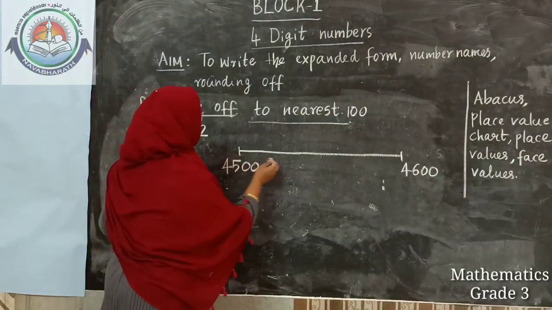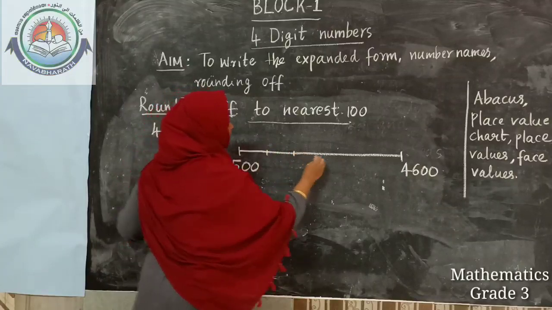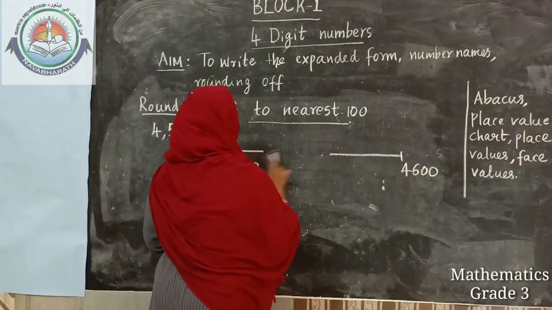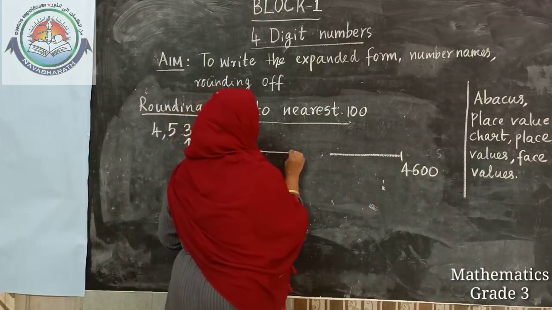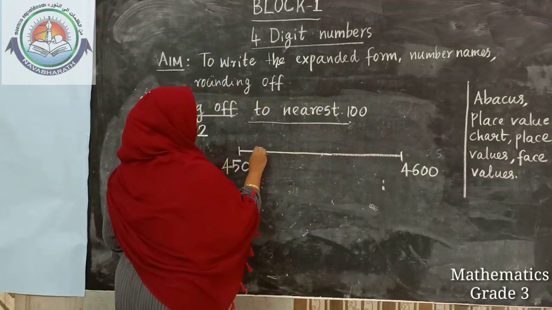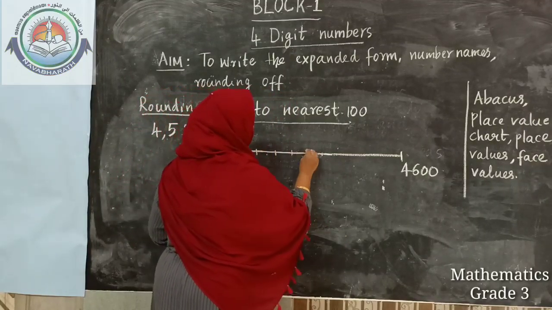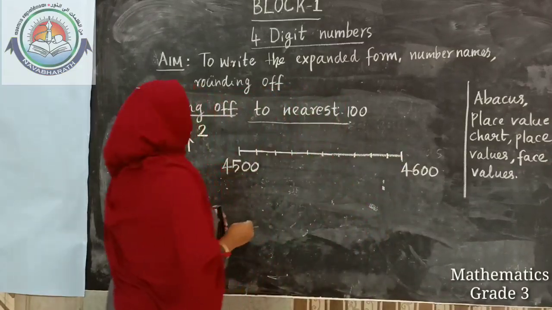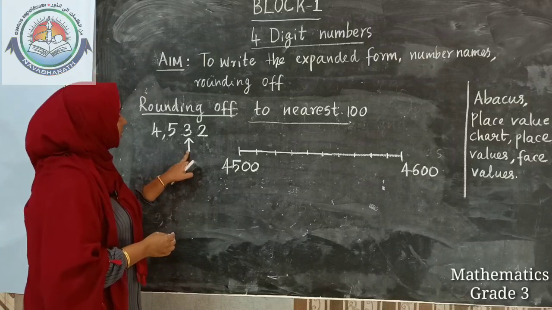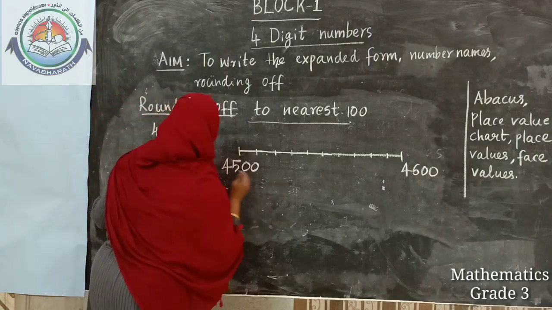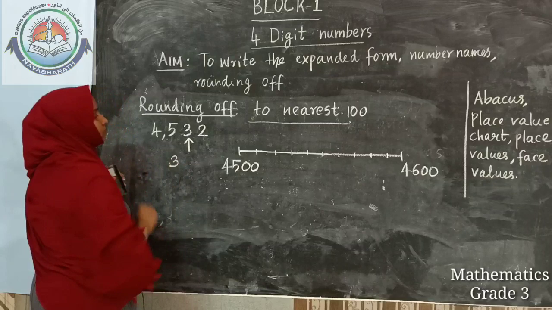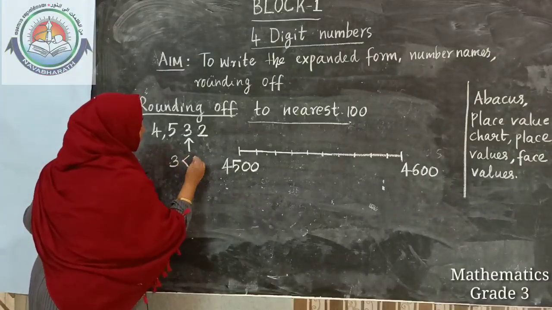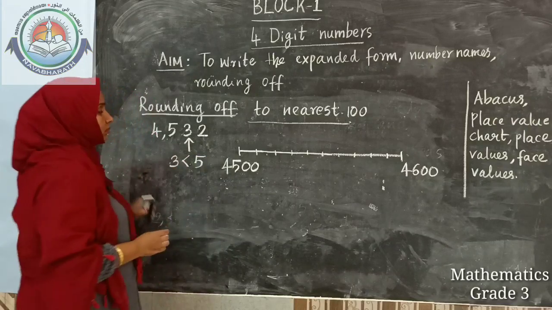Okay, and here the number is 3. Here the number is 3, so it is less than 5.